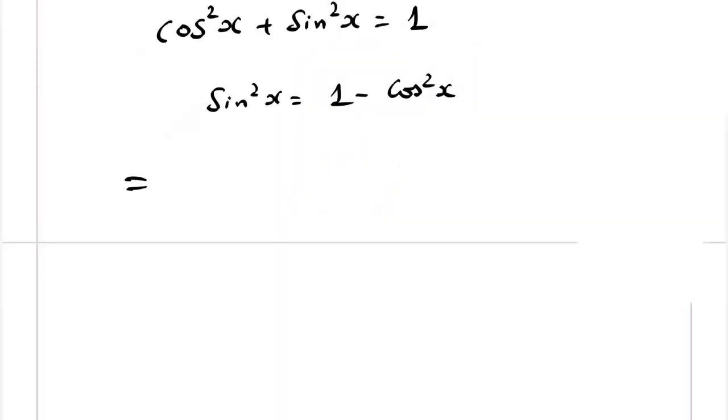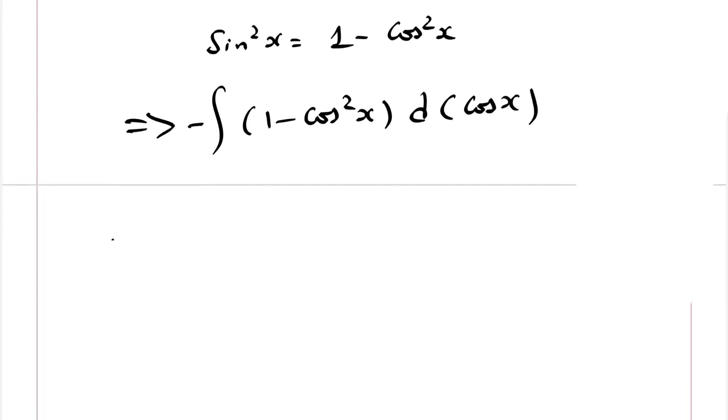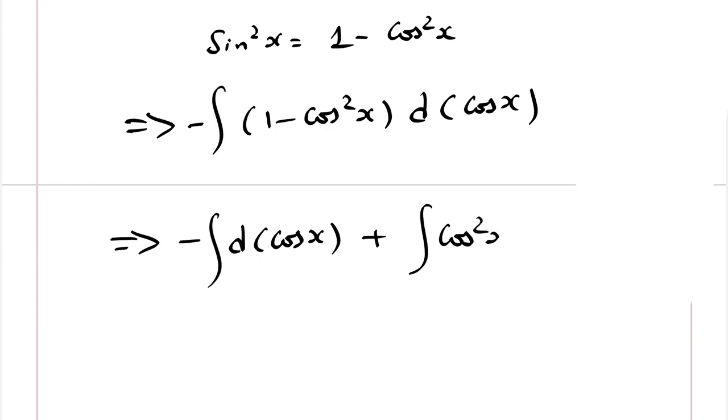Therefore, our integrand is 1 minus cos square x d of cos x, with the negative sign over here. So just distribute this differential all over: minus integral d of cos x plus integral cos square x d of cos x.